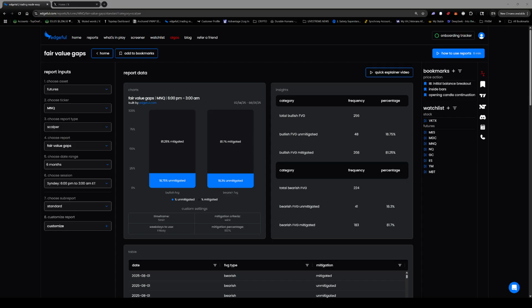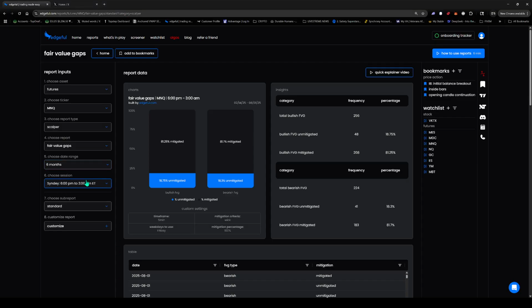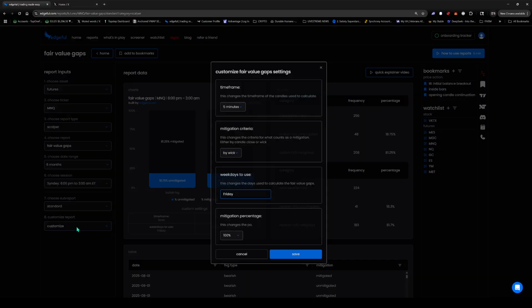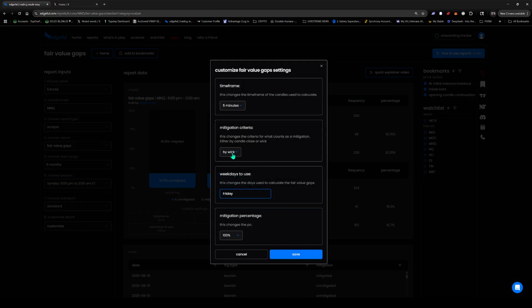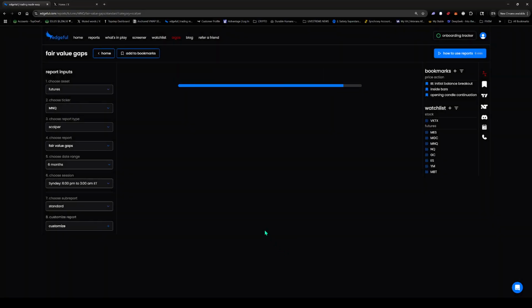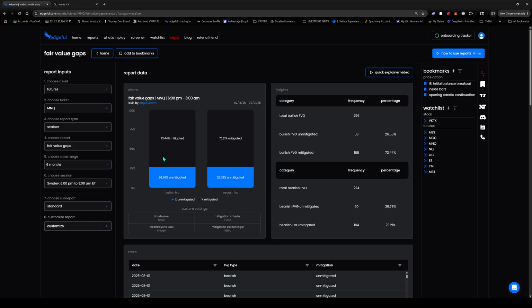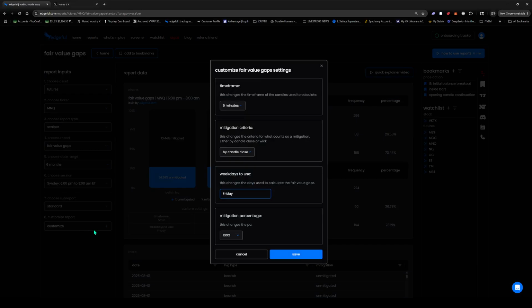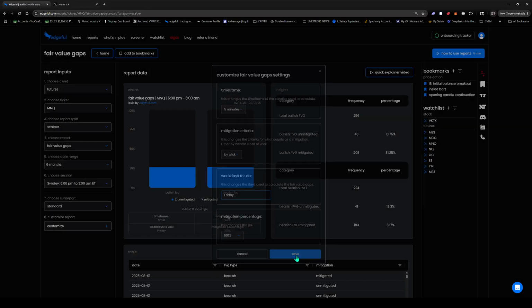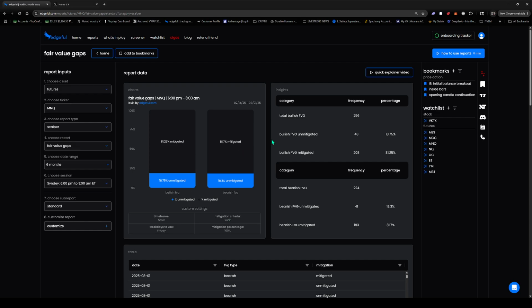But let me just double check my report, because there's a couple things that you have to consider. By wick or by candle close. So we're going to look at candle close. And it's still 73%. By wick, it's 80% on Fridays on the 5-minute candle.